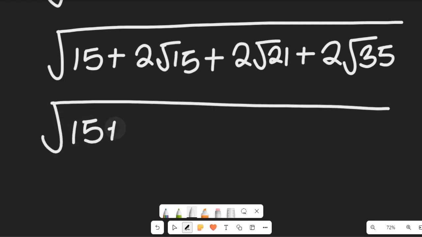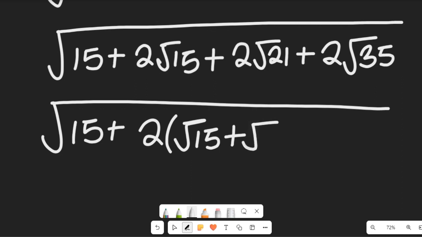So we'll bring the 2 out. We'll have the square root of 15 plus the square root of 21 plus the square root of 35. So let's simplify that.